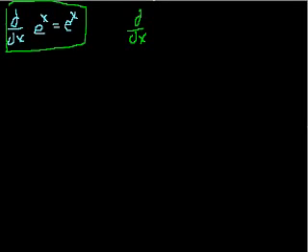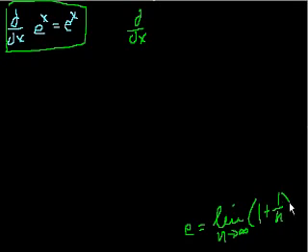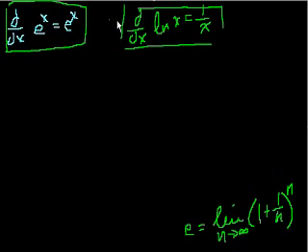But we've shown e in the past to be the limit as n approaches infinity of (1 plus 1 over n) to the n. And using this, we proved that the derivative of log base e of x is equal to 1 over x. So now that we proved this, let's use it to prove this.